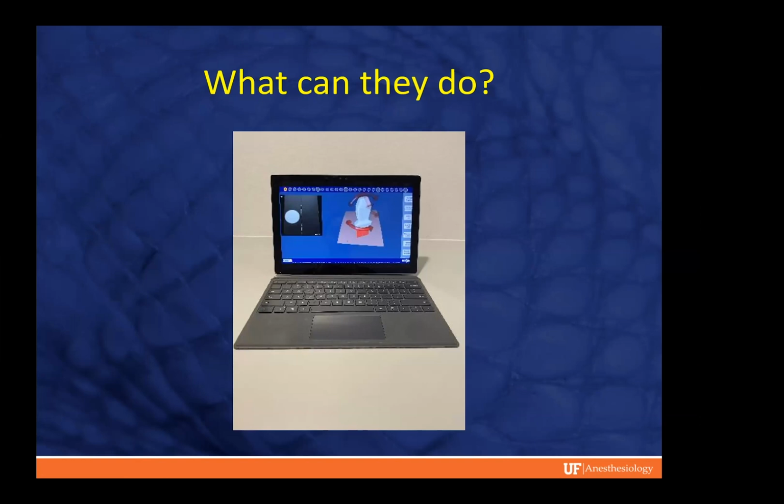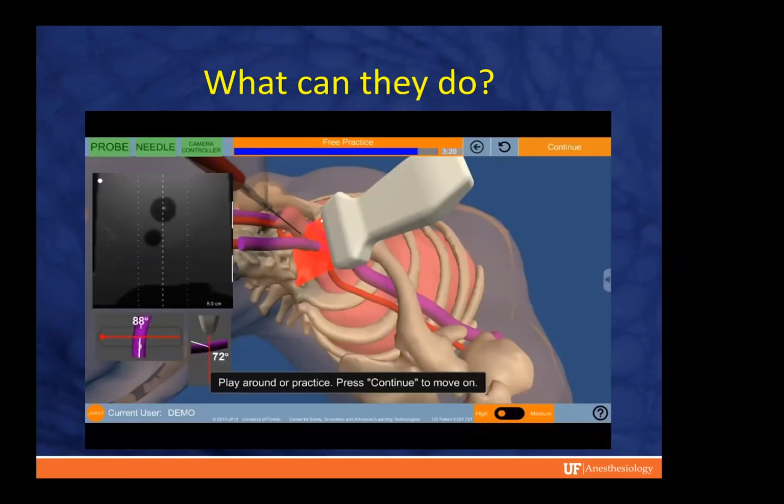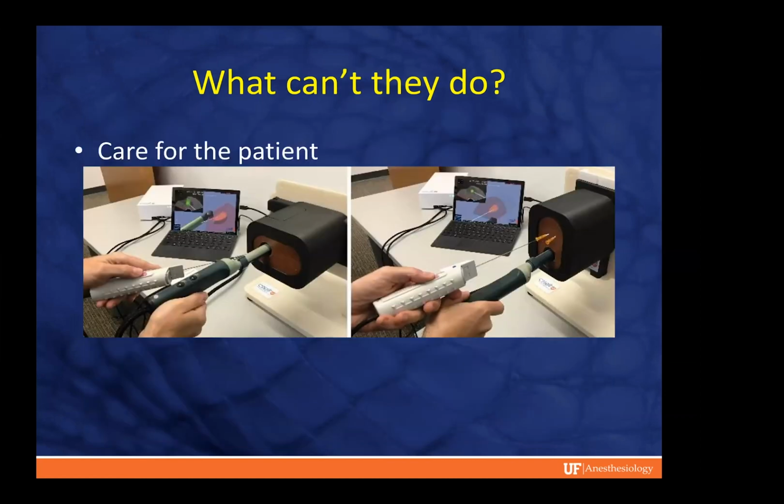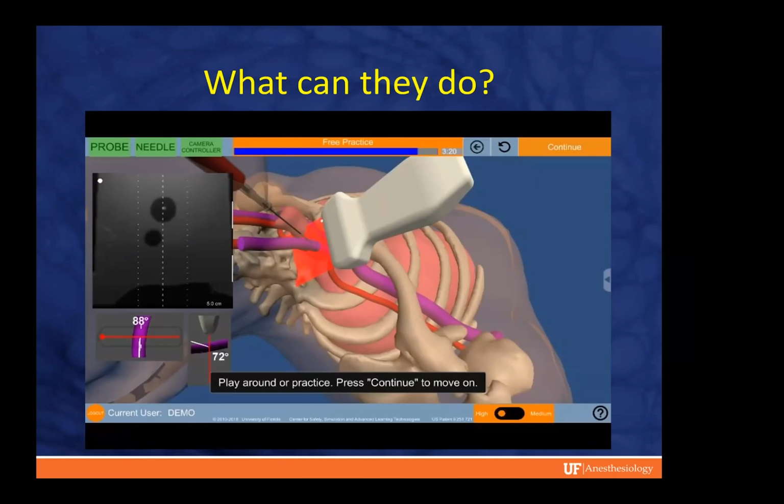And where you need to slide your probe, for instance, to optimize the image for the procedure you're trying to do. This is an important piece of the integrated tutor function for people learning to do this.